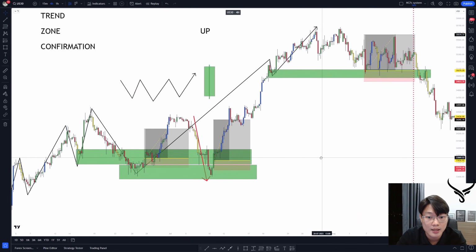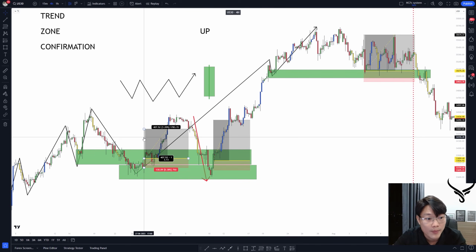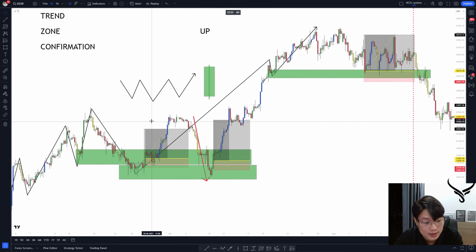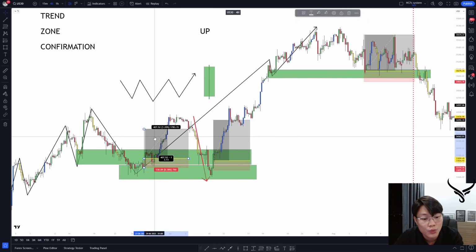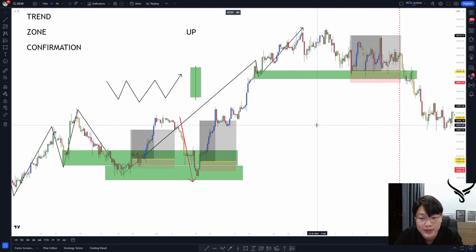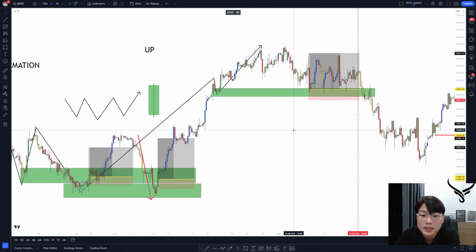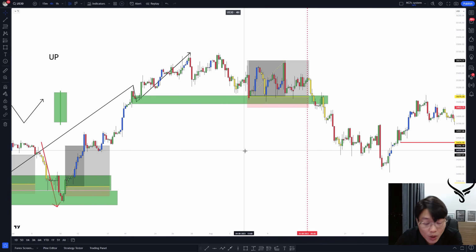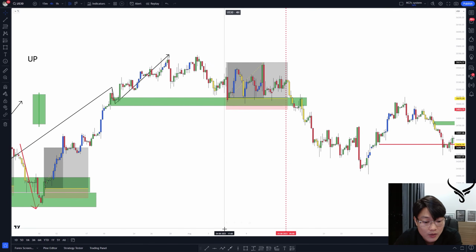Because you can see here, if you wait for the confirmation, if you are patient to wait for it, we have 1 win trade, 2 win trades like this, right? It's very important. And for this case, if you trade and wait for the confirmation, what will happen? You can see right over here, the market comes 1 time, 2 times, 3 times, right?